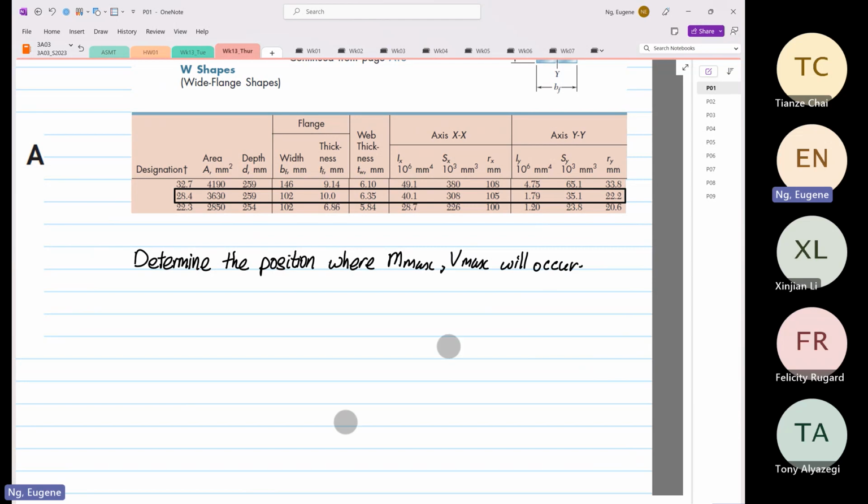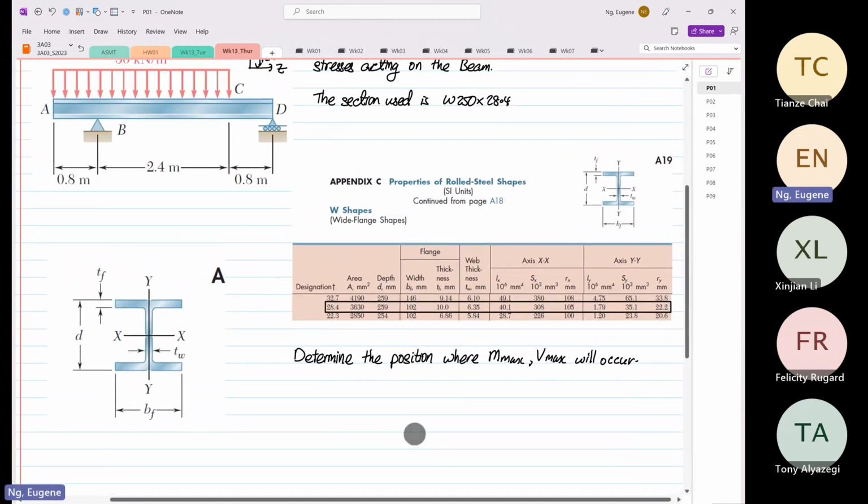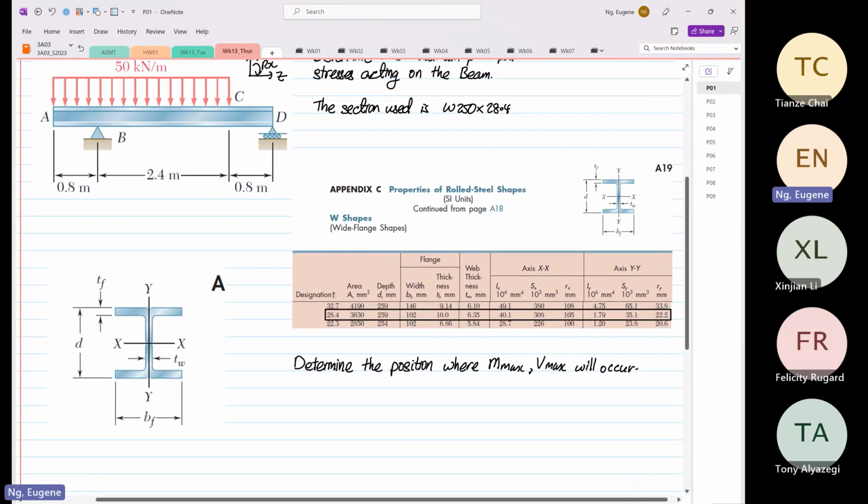We know that there are two equations that we are going to use.